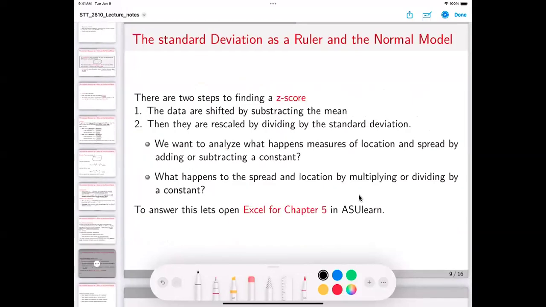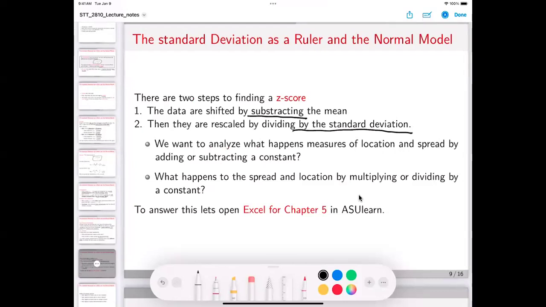So the next thing we want to do, now we've been able to understand these two things, that for finding z-score, we first subtract the mean and then we divide by the standard deviation. Is that okay? Now we want to learn and answer problems. We've already learned about location parameters. We've already learned about scale parameters.